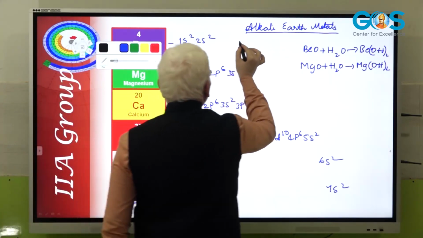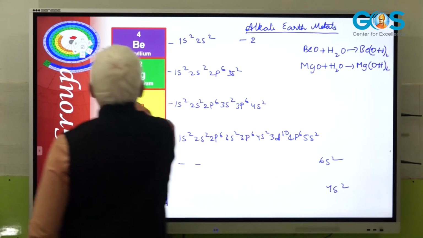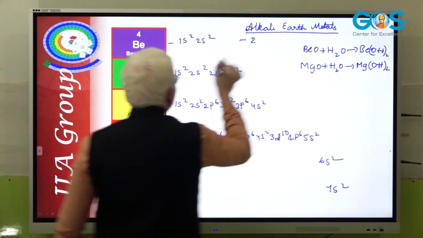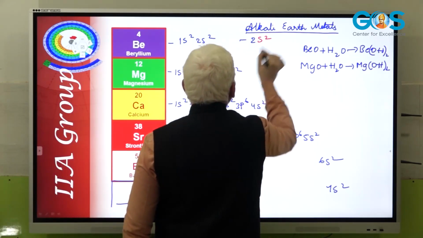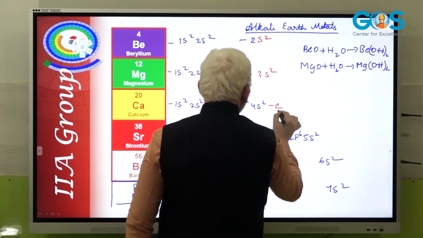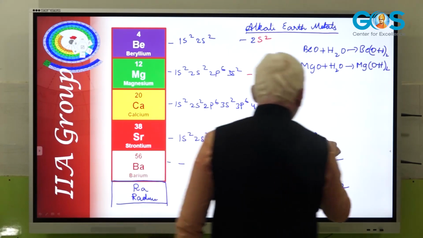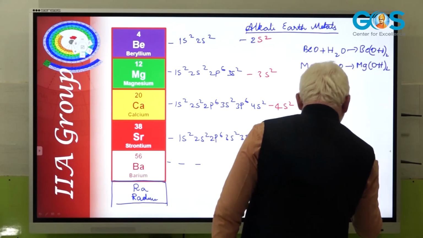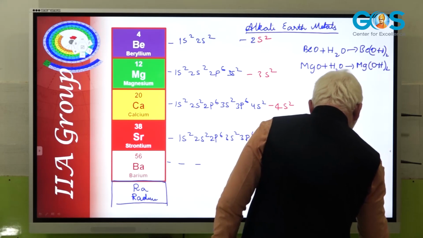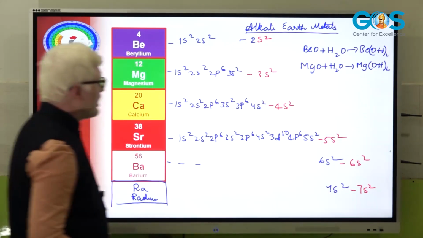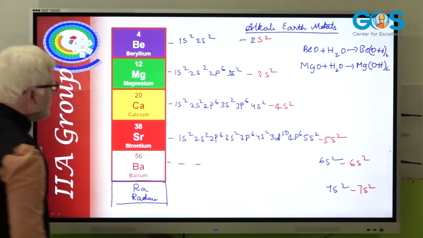For the first one it is 2s2, second one 3s2, third one 4s2, fourth one 5s2, and as I explained how to write the valence electronic configuration, 6s2 and 7s2. Those are the valence electronic configurations.